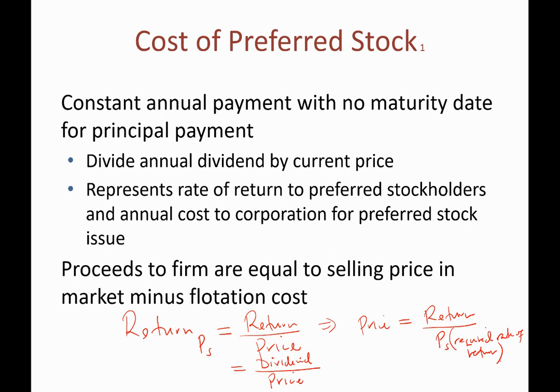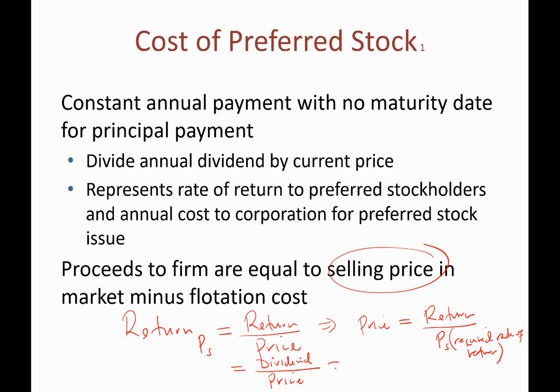But here we're assuming there is no other cost associated with issuing preferred stock. However, if you end up having some selling cost, then you have to subtract the selling cost from the price, because initially you're saying I'm incurring 10 cents to sell one preferred stock. If that's the case, then the cost of issuing that preferred stock should be taken out of the price of the stock.